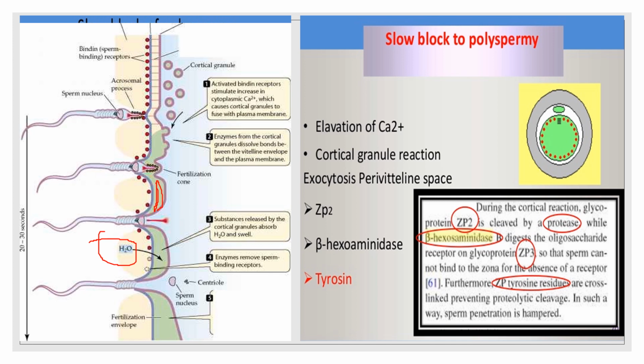So the content of the cortical granule absorbs water and swells up, and the whole thing forms the fertilization envelope. So first, intracellular positivity will prevent the entry of the sperm. Second, this fertilization envelope will also prevent the entry. In these two steps, polyspermy is prevented.